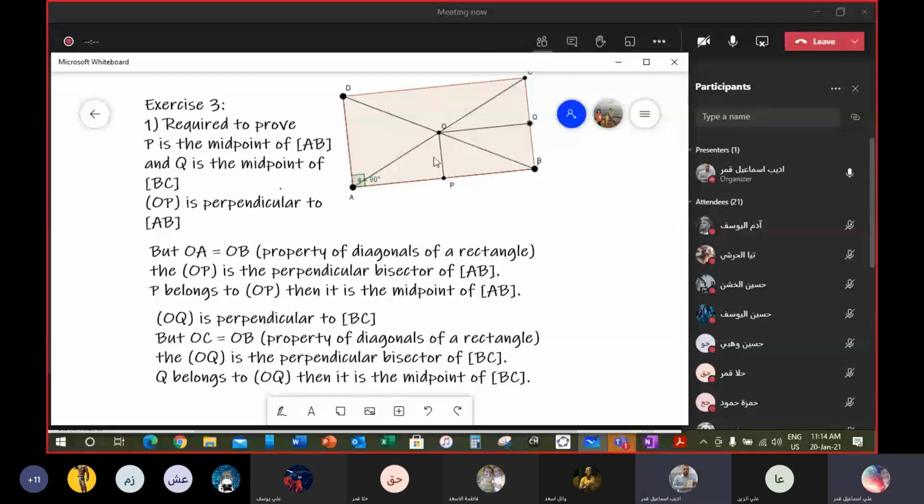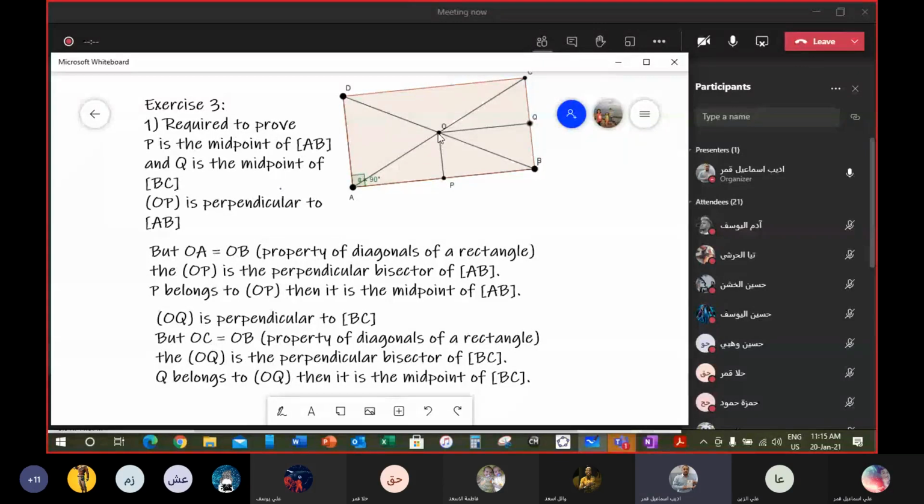Sir, OP is the common side. I will repeat. I have OA equal to OB, property of diagonals, and OP is a common side. Therefore these two right triangles OAP and OBP are congruent by the case HL.